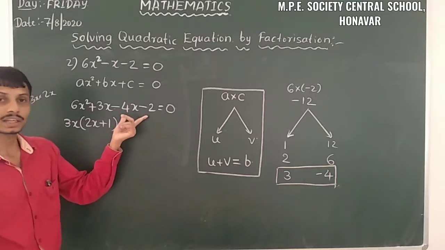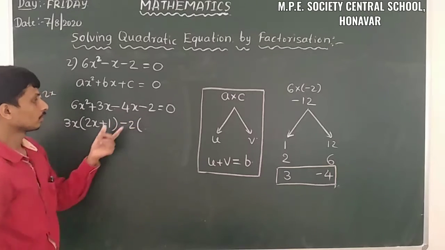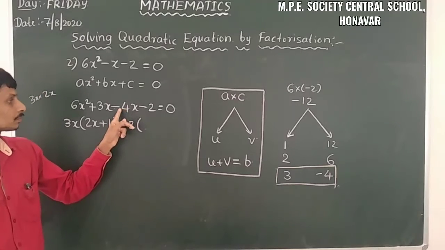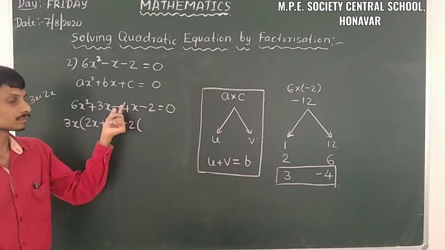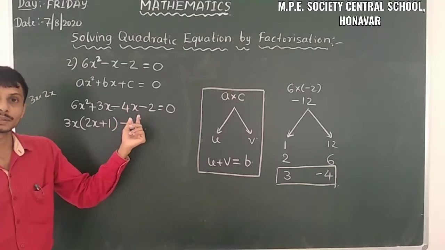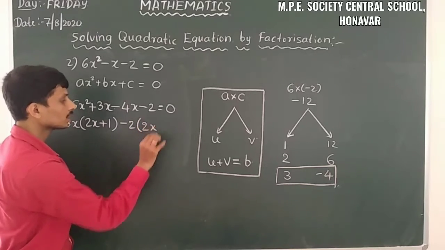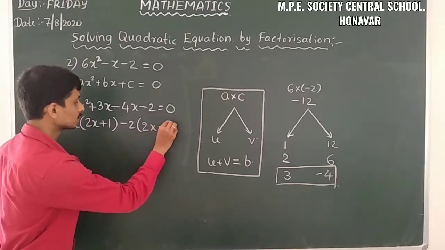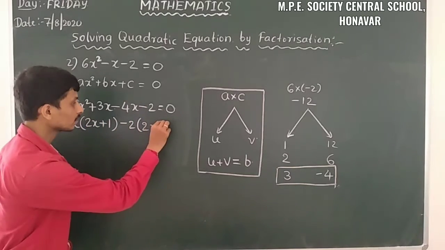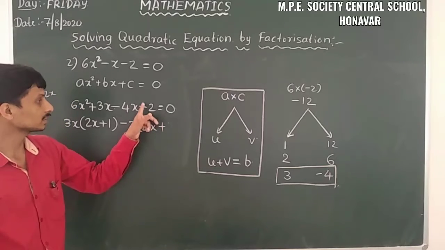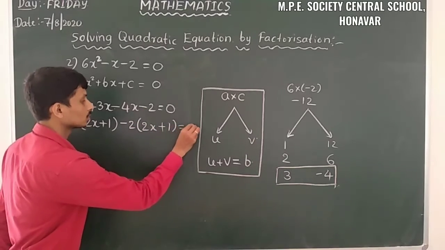Then here I will take out minus 2. When we are taking minus 2 here, minus of minus becomes plus, and when we take out 2 from minus 4x, only 2x is left. Here minus into minus, minus into plus, minus, so that means 1 is equal to 0.